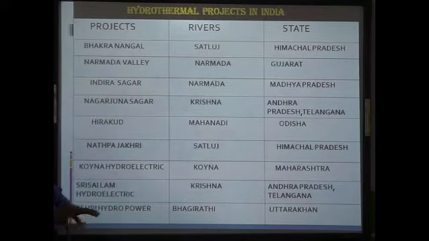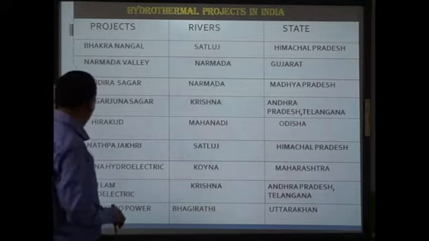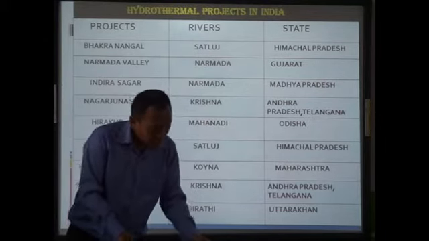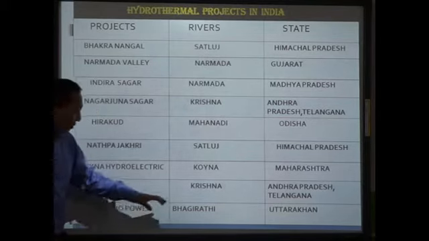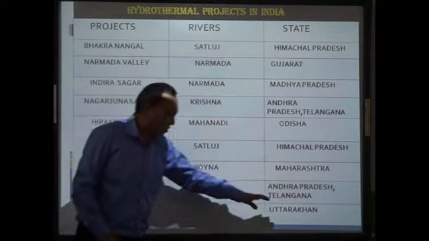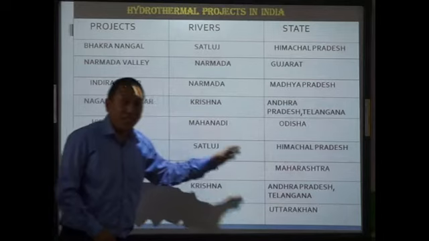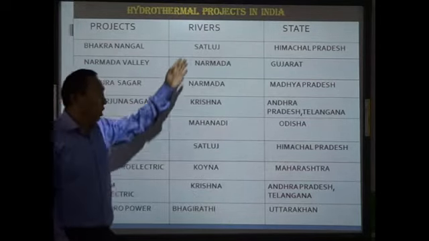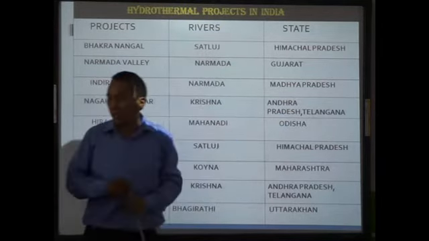And then the last one here, that is Tehri hydropower, found on the Bhagirathi River in Uttarakhand. So these are some of the hydro projects found in the country, along with the rivers where they are located and the state they are present in.